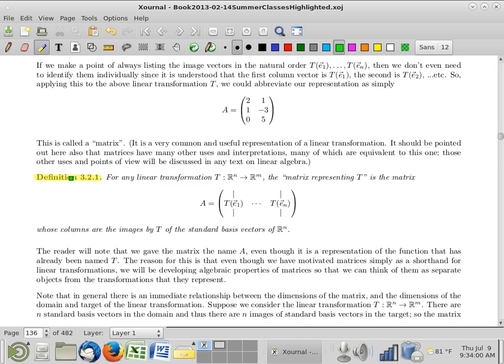So here's our definition. Definition of a matrix representing a linear transformation. It's an array where the columns of the matrix are, I'll do this in yellow, the images by the linear transformation of the standard basis vectors.